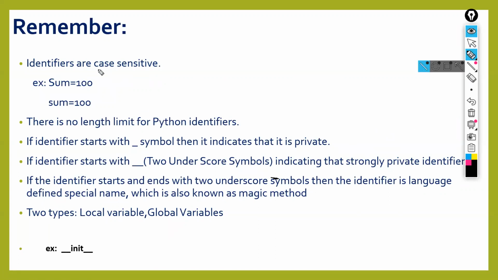Identifiers are case sensitive. What do you mean by case sensitive? Case means uppercase or lowercase. Very important question is, is Python a case sensitive language or not? Obviously, yes. It is sensitive to the case. You observe that Sum equal to 100, sum equal to 100. Both are not same, because in the variable name, you can see capital S here, small s there. So it is case sensitive.